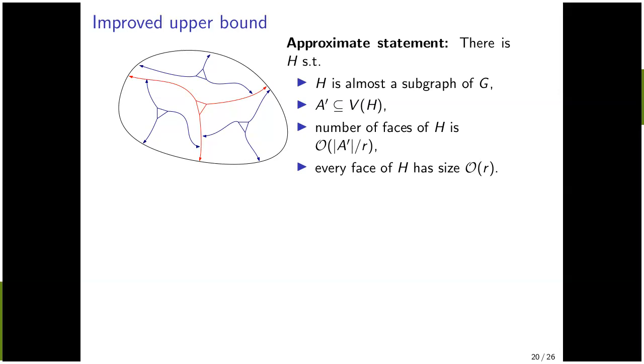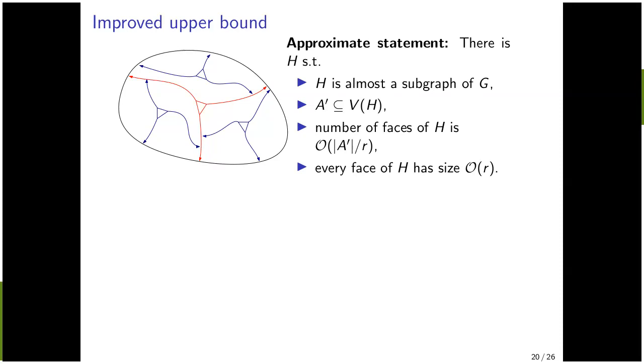So the vertex set of the outer face A prime is a subset of H. The number of faces of H is at most big O of A prime over R, and every face of H has size big O of R. So this is approximately what we want to prove.